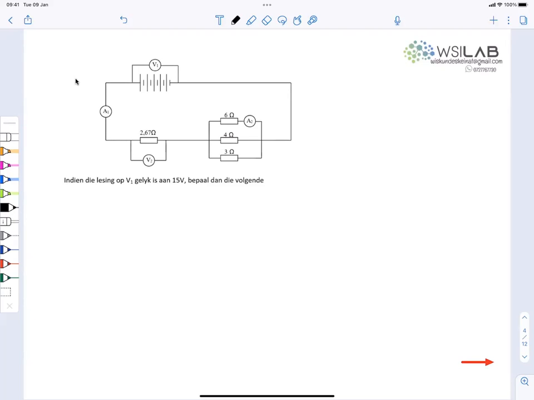Right. Okay. Then this is a new circuit board. The reading on voltmeter 1 is 15 volts. Quickly draw that.